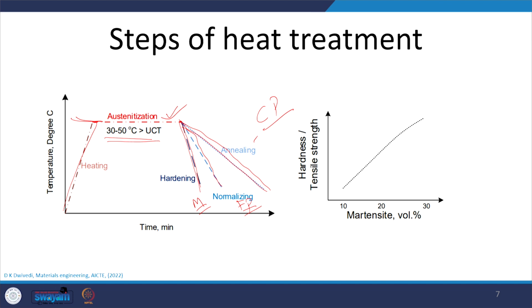If the proportion of martensite increases, our hardness and strength will keep on increasing, but this will happen at the cost of toughness and ductility.